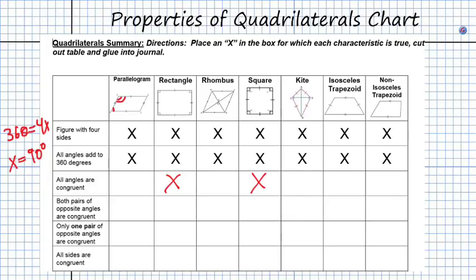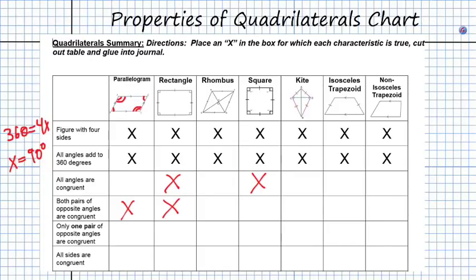So our next item is going to be both pairs of opposite angles are congruent. Well, if we look at our parallelogram here, that appears to be true. My pairs of opposite angles are congruent. So we know that that is a requirement of parallelograms. Rectangles, well, all four are still going to be congruent, so we can go ahead and put an X here.